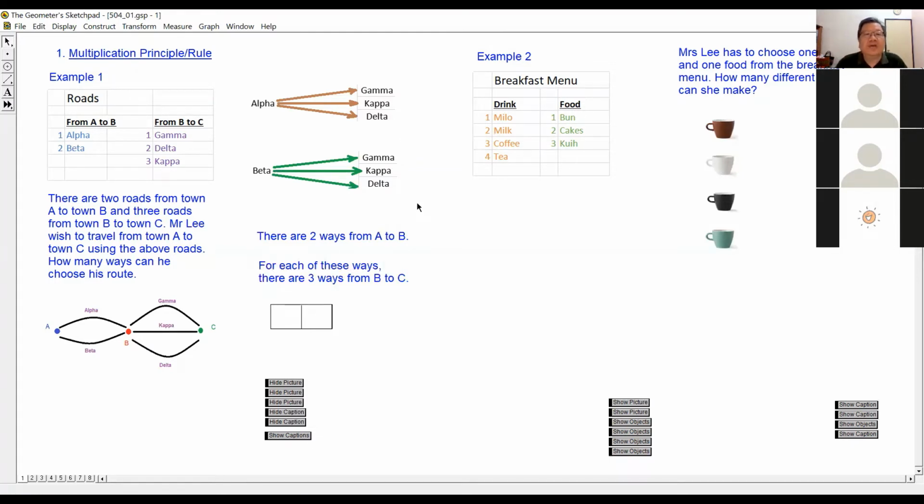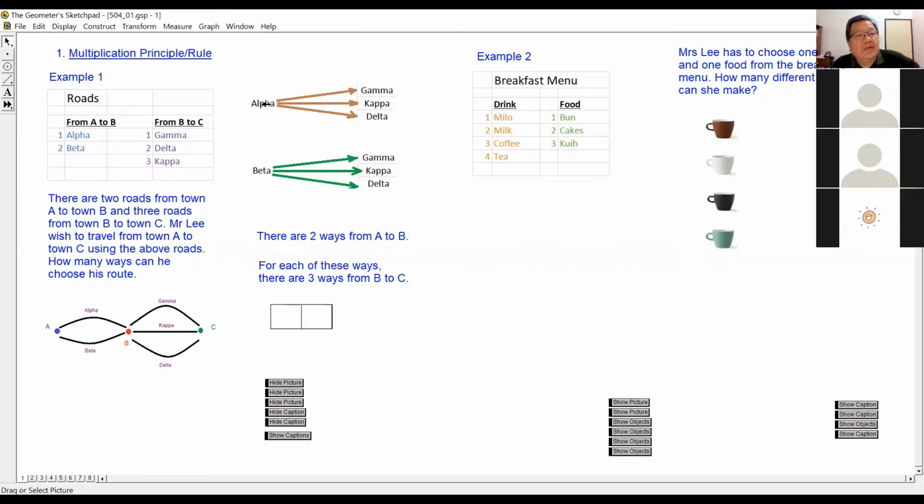So now I want to ask you, how many total number of ways can you go from A to C? Can you count how many ways? Any answer? Six. Six ways, correct.